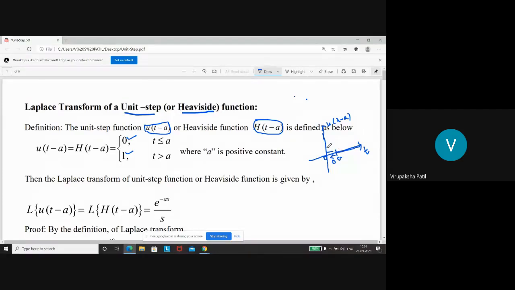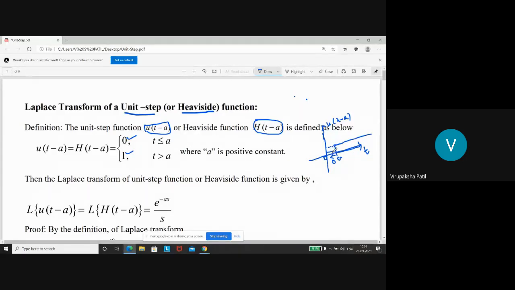Up to this point, it will be 0, and after this point it moves like this, it is a unit. That's why it is called a unit step function: in this part it is 0, suddenly it jumps to 1, and from there it is constant, you can consider up to infinity.